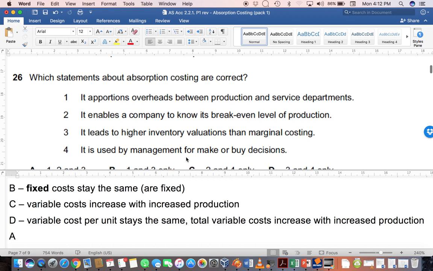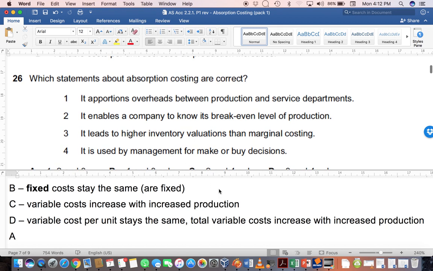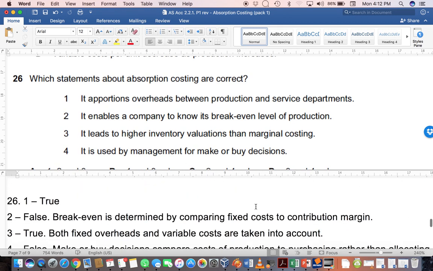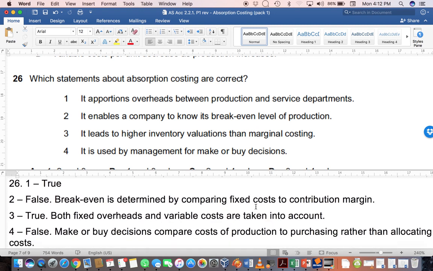Number 26. Which statements about absorption costing are correct? Let's have a look at them each in turn before we look at what options are available to us. Remember that absorption costing means that we are taking all our manufacturing costs and allocating them to individual units that are being produced.